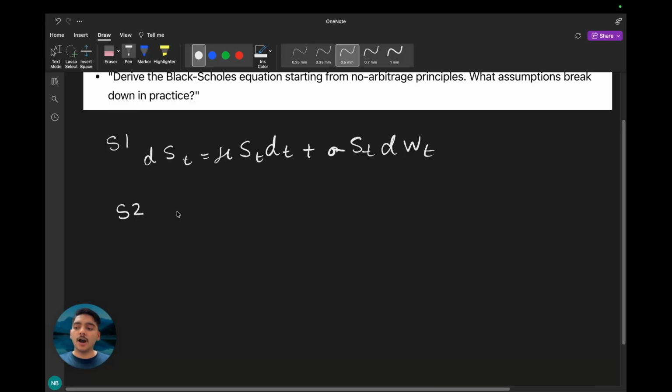How does the option value V change? Since V depends upon both stock price S and time t, we use Ito's lemma.